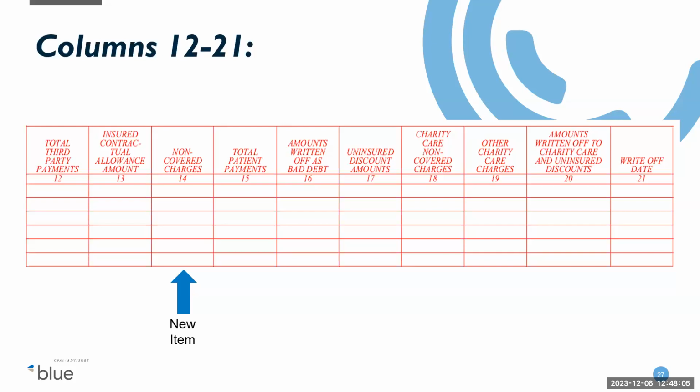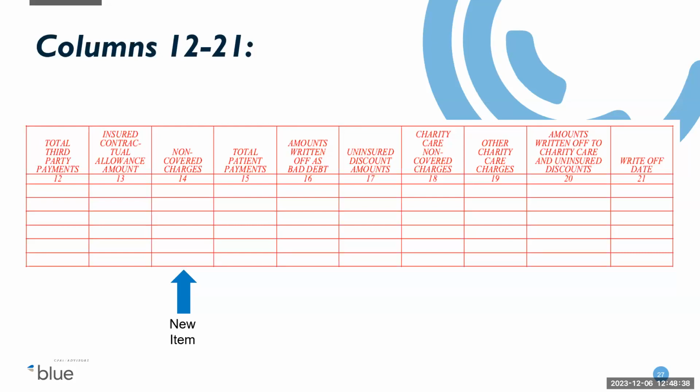So yeah, if I completely understand that. If you had an uninsured discount in FY 2022, you would report only that uninsured discount amount and the date that uninsured discount happened on the 2022 S-10, and say in FY 23 you had a subsequent charity write-off related to that patient balance, you would just report the amount written off to charity and the date that charity transaction happened.